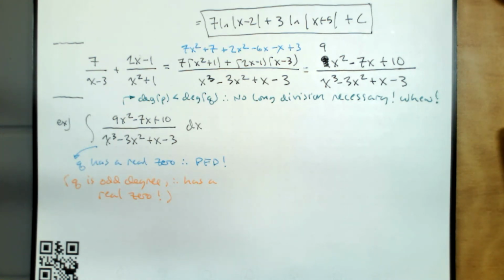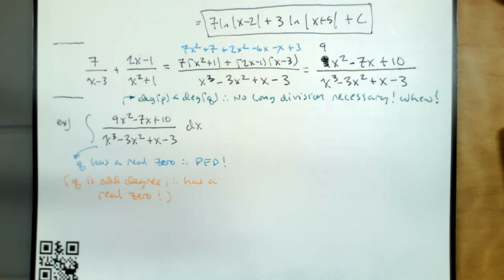So x cubed minus 3x squared plus x minus 3. What we want to notice, if we really want to use our super algebra skills, is to recognize, aha, this is factorable by grouping. If I take an x squared out of the first two terms, I'm left with x minus 3. If I take a 1 out of the second two terms, I'm left with an x minus 3.